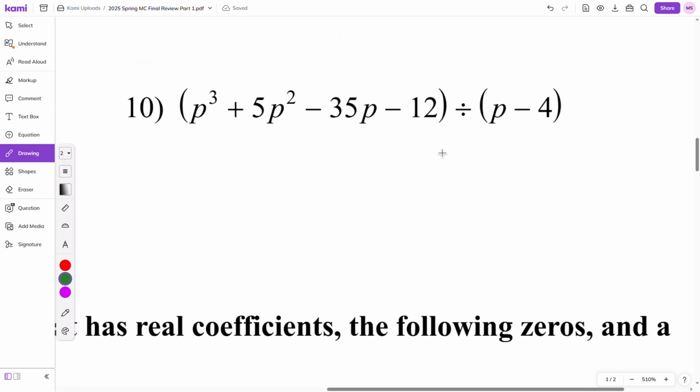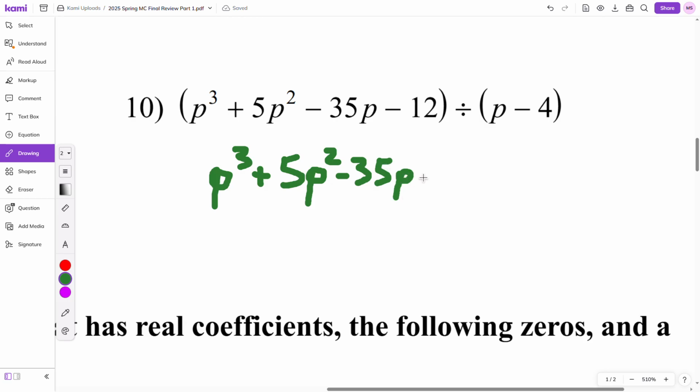Number 10. Same thing, but maybe let's do a different method. So let's do long division. I like long division. It ends up being useful later on when you're dealing with slant asymptotes, oblique asymptotes, where you want to get to the remainder.